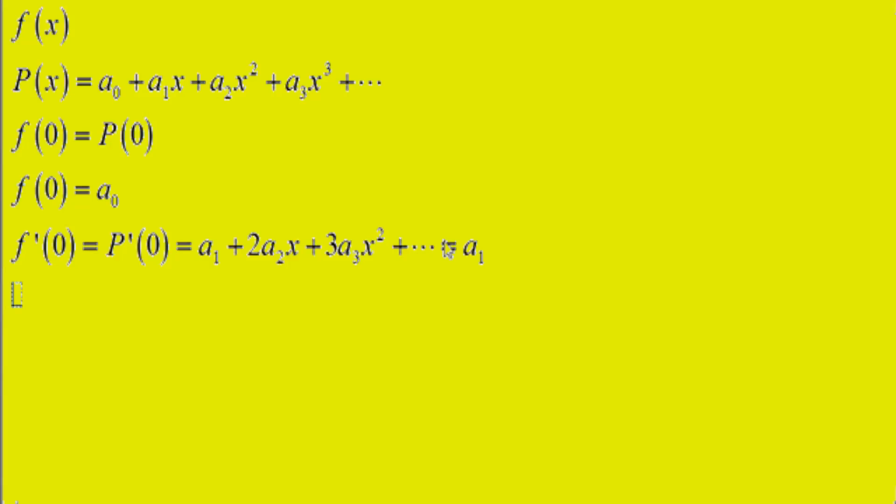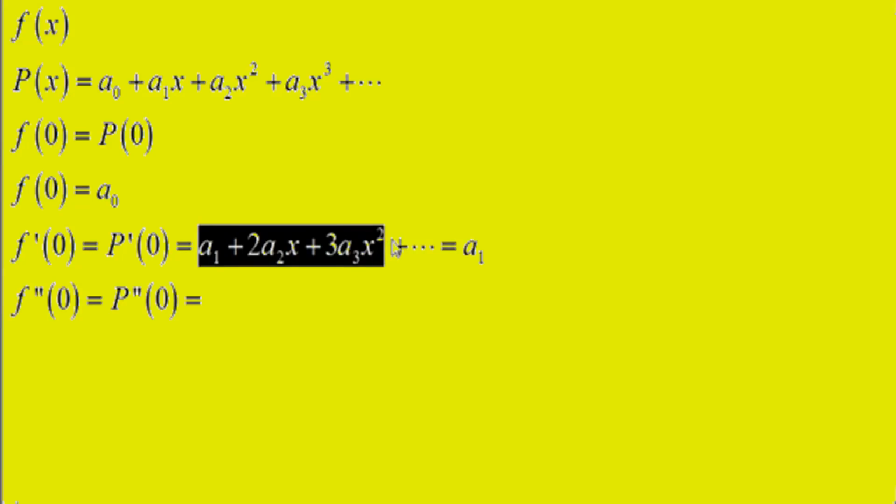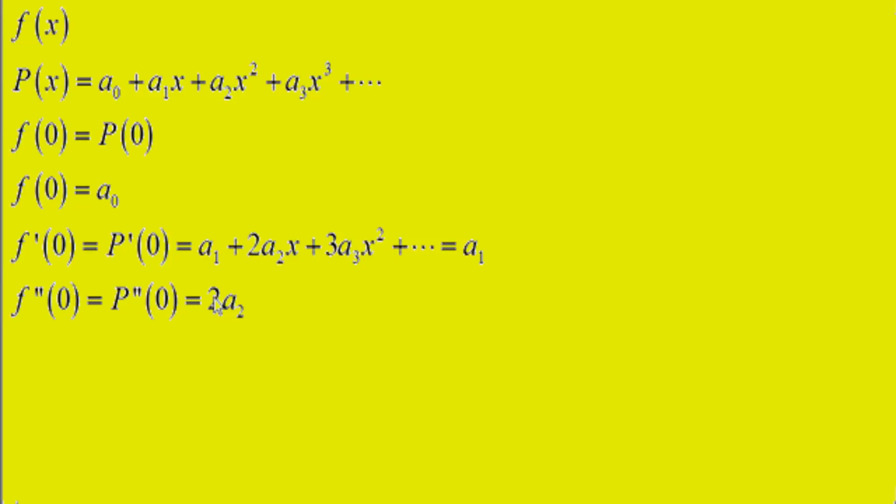If the functions behave the same around that point, and their first derivatives are the same, then their second derivatives are also the same. So f double prime of 0 equals p double prime of 0. Taking the derivative to get p double prime, it should be 2a2 plus 6a3x plus dot dot dot. When you evaluate that at 0, you get 2a2.